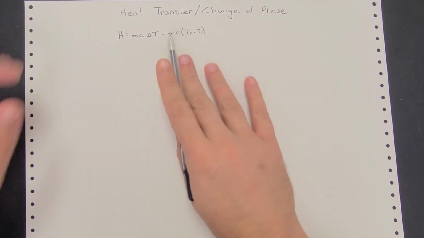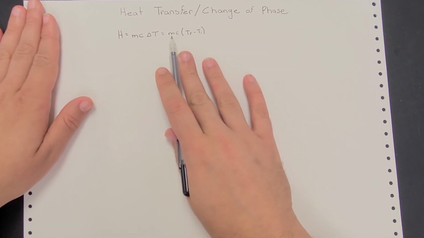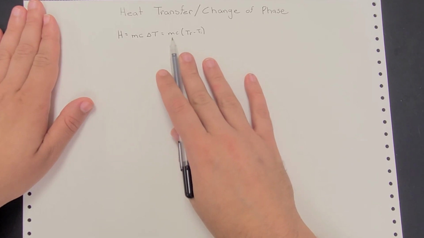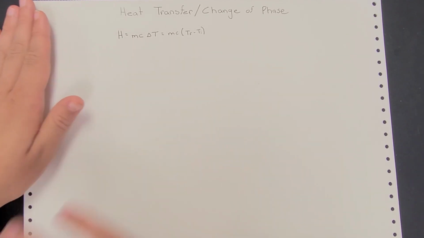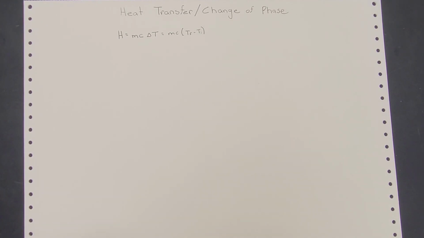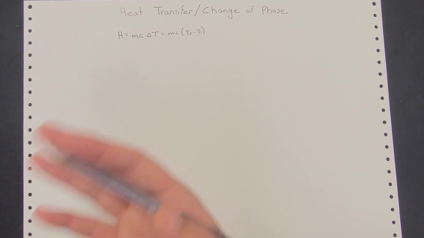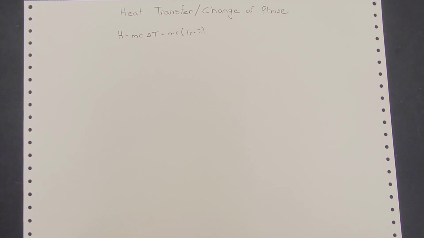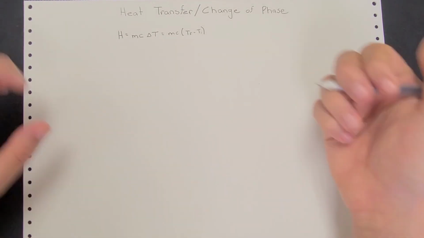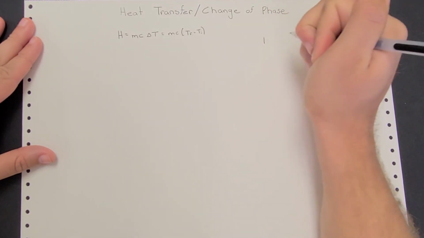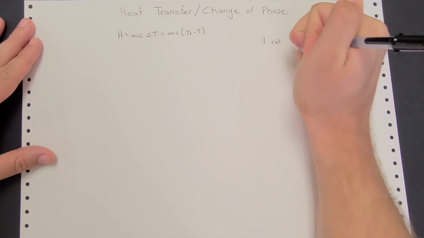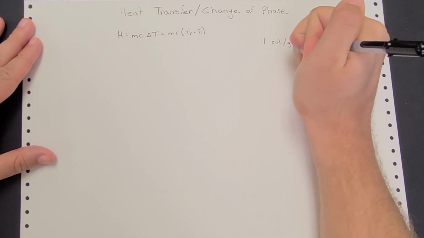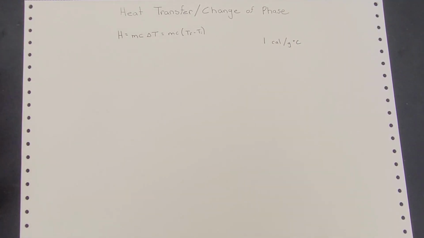Now, mass is easy enough to understand. It's just the mass of the object that heat is either being transferred from or to. But specific heat might be a new concept to you. Specific heat is the amount of energy that an object can store per degree Celsius, per unit of mass. Water, for instance, can hold 1 calorie per gram degrees Celsius.